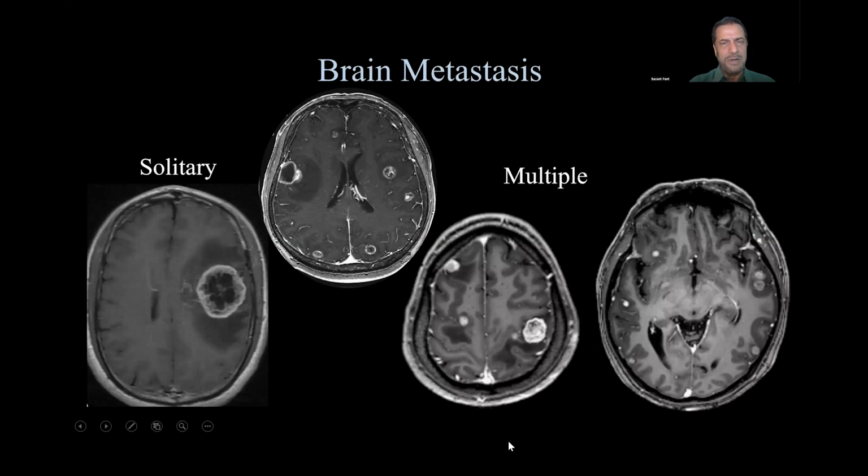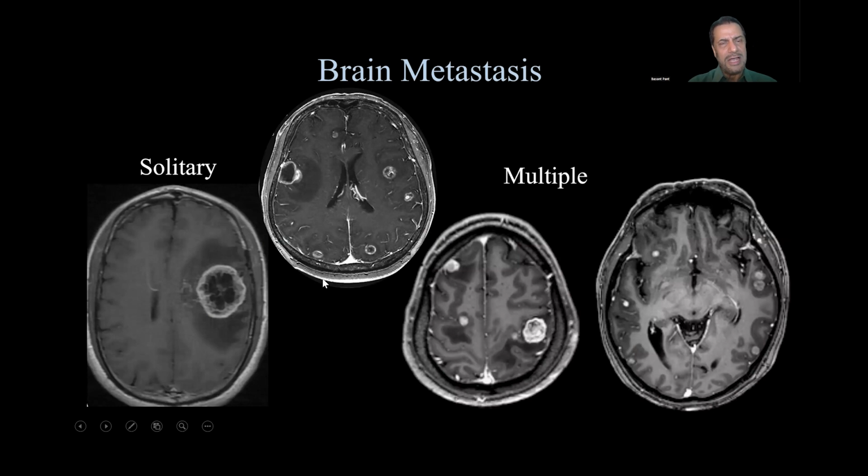Just a note on brain metastasis. Whenever you see multiple lesions like this, this can be some kind of metastasis. So you have to look for a primary in the body, the chest and abdomen, or it can be solitary. Still, this can be a metastasis.